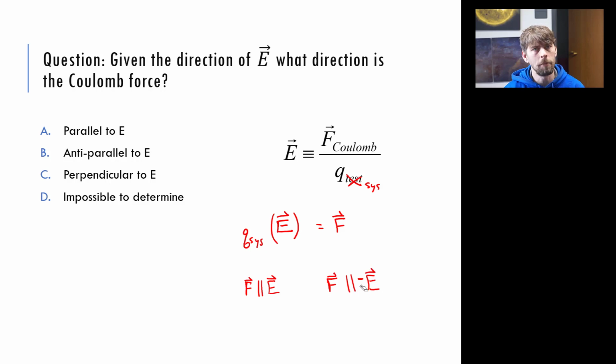So don't forget, negative signs flip directions of vectors. So if you can map out the vector field representing the Coulomb force, you immediately have the vector field that represents the electric field.